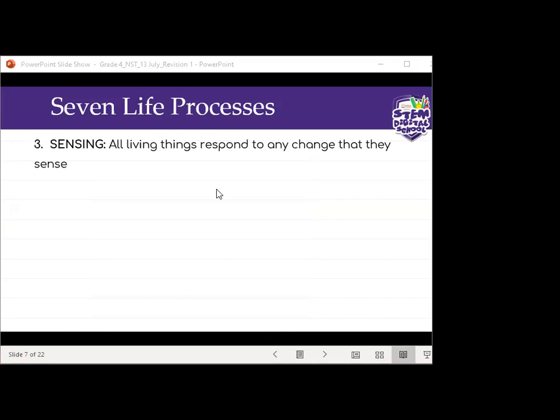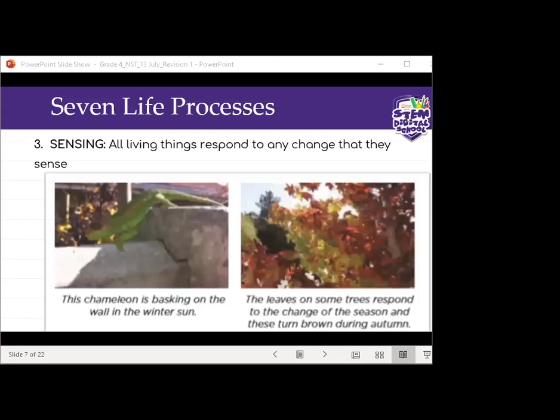An example that we have with regards to sensing, we say that the chameleon is basking on the wall in the winter sun because it's probably cold. And then the leaves, just on the right here, the leaves on some trees respond to change of the season and turn brown during autumn.